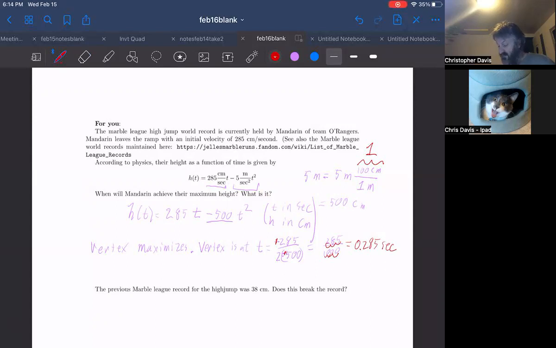So we know what time the vertex occurs. The vertex, so at t equals 0.285 seconds, the marble is at its maximum height.